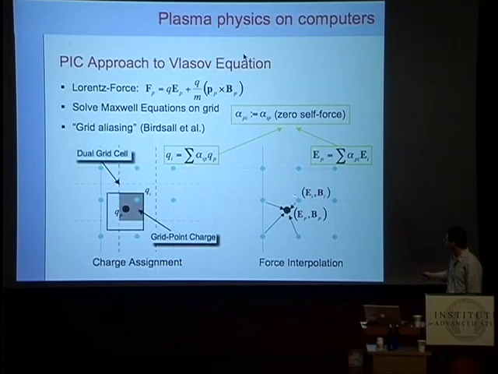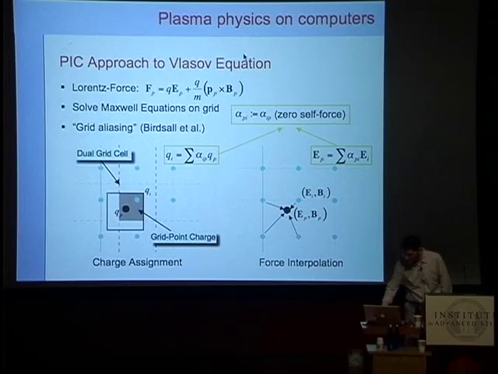And then in order to interpolate the electric field back to the location of the particle, you're also using some sort of coefficients, probably linear coefficients, trying to connect the particle to the grid points. So the best types of codes actually have the same weighting. The weighting that goes to the grid has to be the same as the weighting that goes from the grid back to the particle. If you don't do this, you may end up with funny things like self-force. So particles sitting on the grid would suddenly start to move even if there are no other particles. Okay, so this is something to keep in mind.